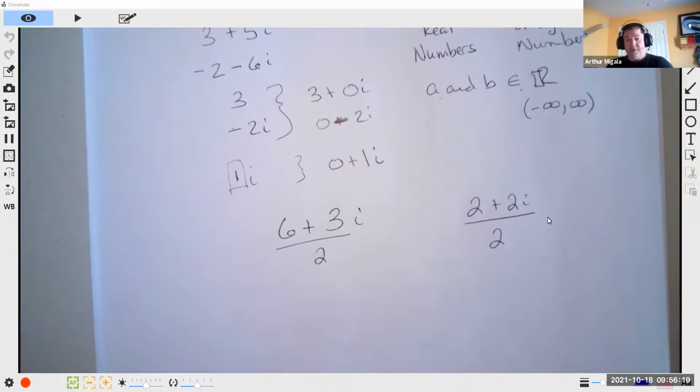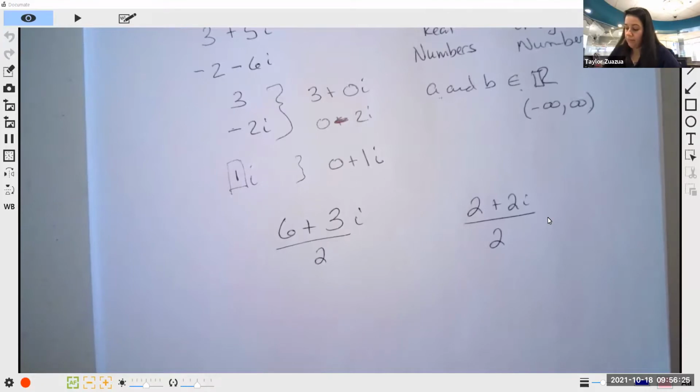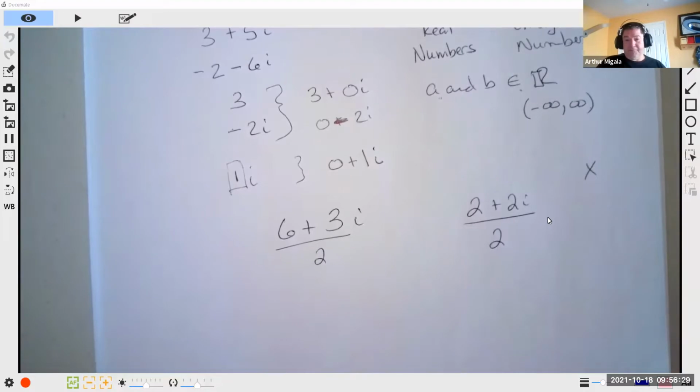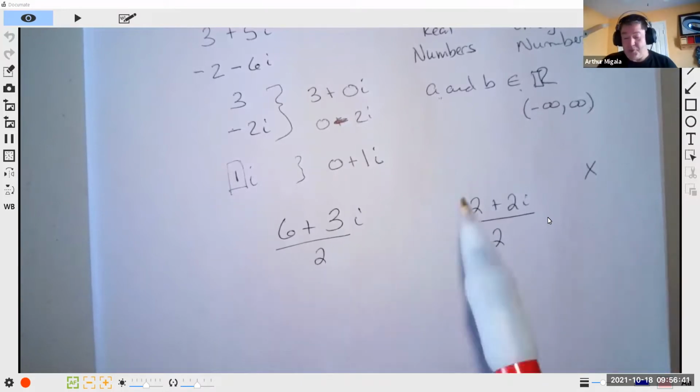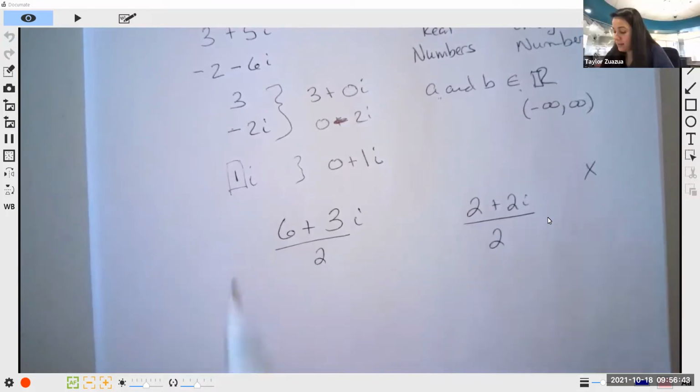Can you simplify those? It'd be 9i over 2, and the other one would be 4. No, you can't combine those. Are they like terms? No, because one's real and one's imaginary, so you can't combine them. But can you simplify it?